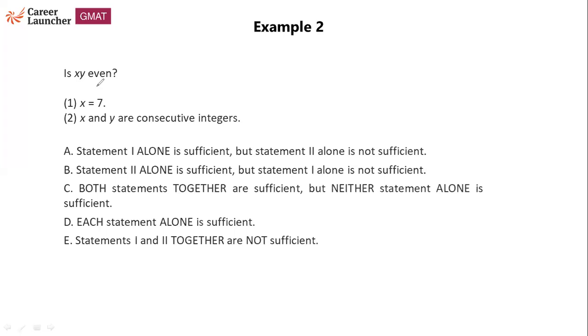Now here it says: is x into y even, is xy even? First statement: x is equal to 7. We don't know about y. Y could be odd, let's say 1. Case 1, y is odd, so x into y will be 7.